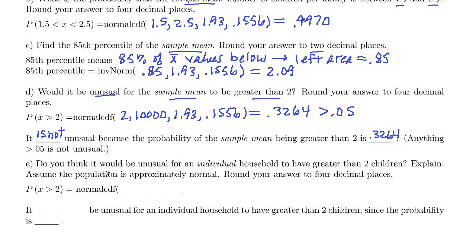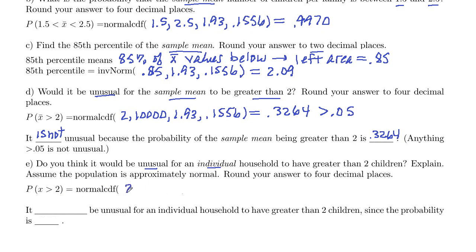And then the last part, do you think it would be unusual here for an individual household to have greater than 2 children? And explain. So we're going to assume our population is approximately normal. That means we can use normal CDF to compute that probability. So now we want probability x is greater than 2.